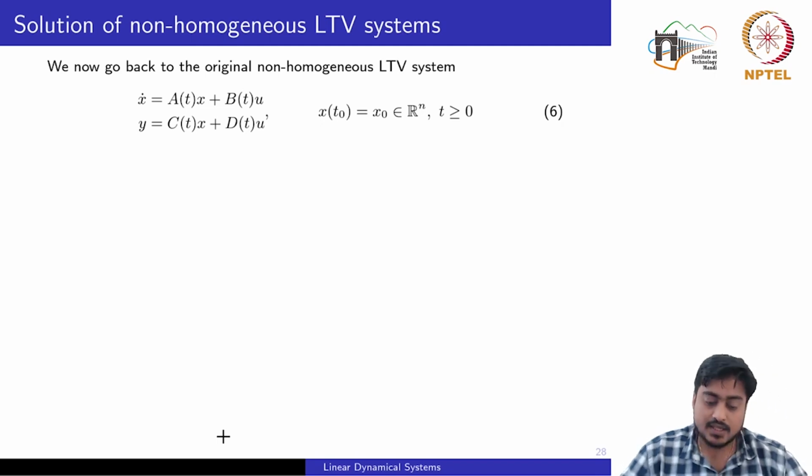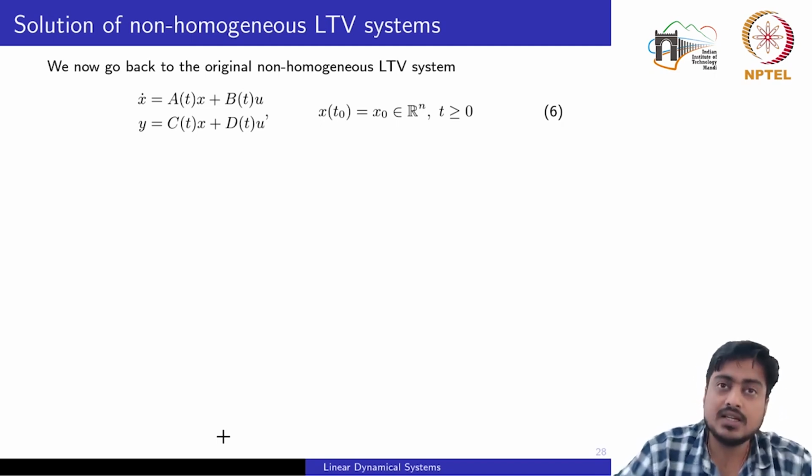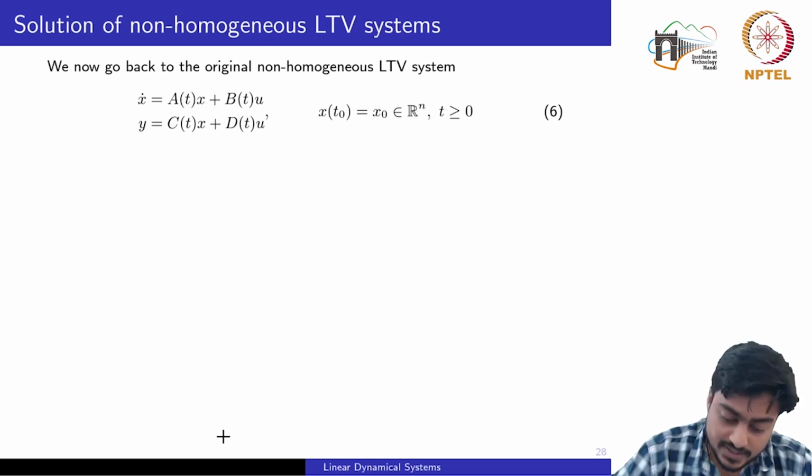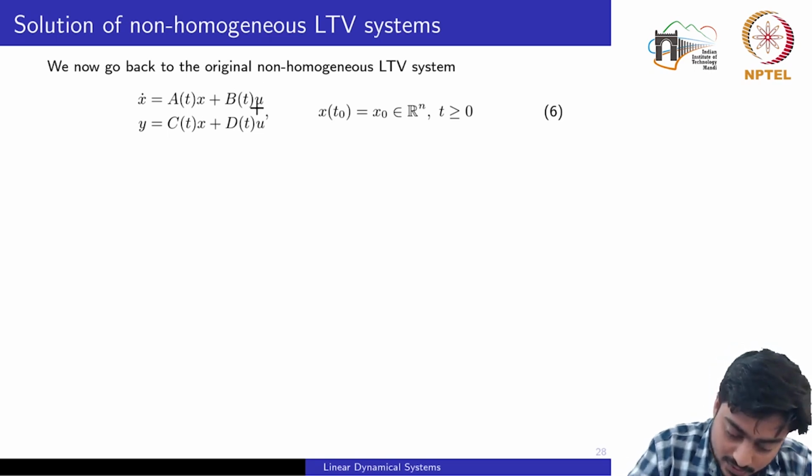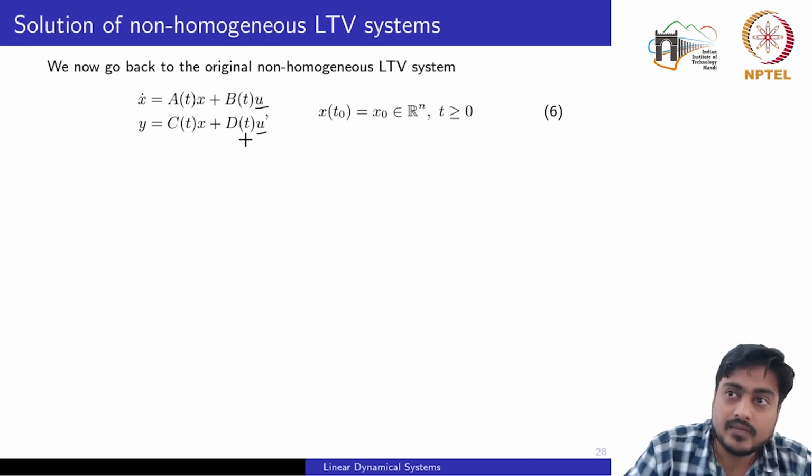Now we can go back to the original non-homogeneous LTV system, where we have now included the u as well. The rest remains the same, that we have the initial condition at t is equal to t naught, which is given by x naught.